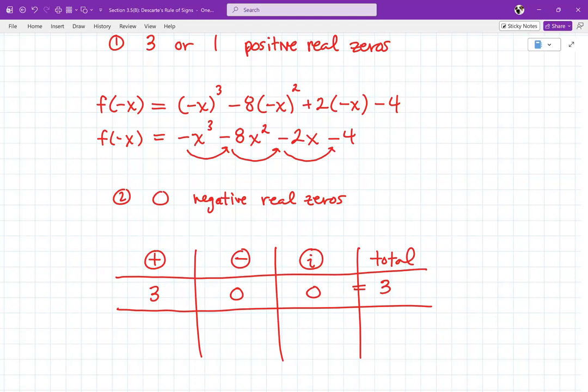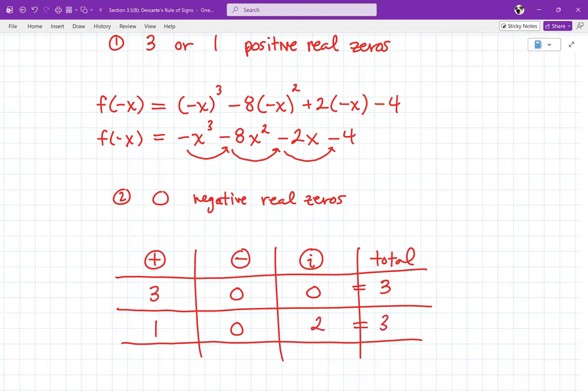Well, what if I have 1 positive? How many negatives can I have? Kind of like a trick question. 0. I can't have 2 because they're not letting me have anything other than 0. So 0 negatives, which means how many imaginary can I have? 2.